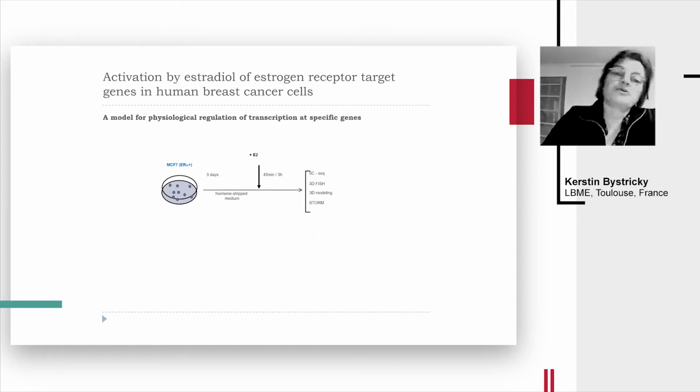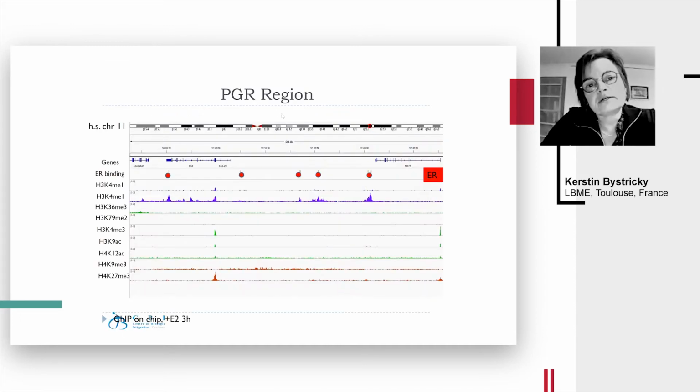So today I will focus first on a region on chromosome 11, which is the progesterone receptor gene. It's a gene that is responsive to estradiol, and it is here. It's a 90 kb gene. It's transcribed in that direction, so to the left here on the slide. And then you have an adjacent region where there is no open reading frame. But when you look at the entire region here, it's about 500 kilobases.